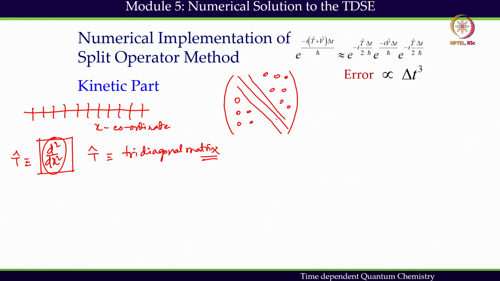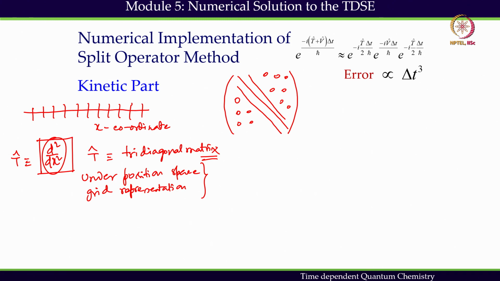So this has adopted a tri-diagonal matrix form under the position space grid representation.